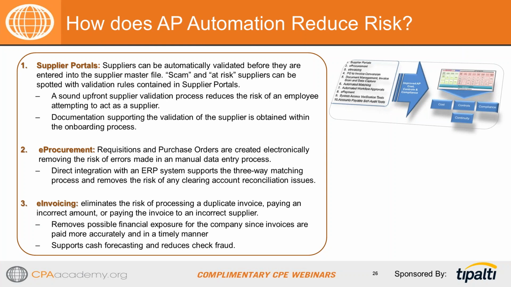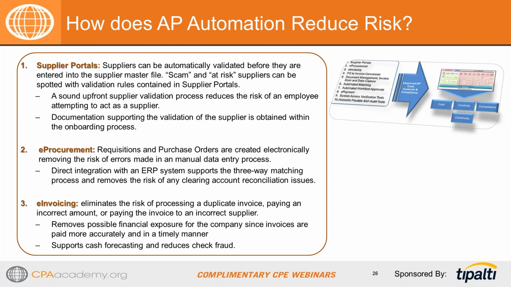With e-procurement, we're creating requisitions and purchase orders electronically, and we're alleviating and removing the risk of errors made in a manual data process. So think about with automation, we're taking away those hands on keyboards and putting in data that could be wrong, it could be transposed, or it could be intentionally diverted.